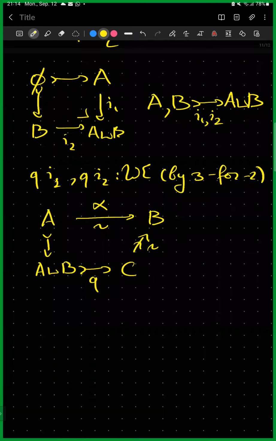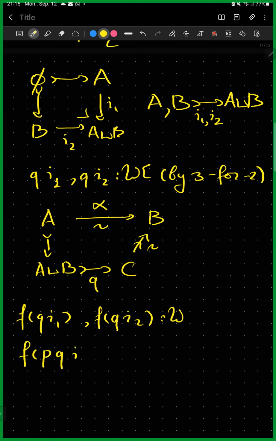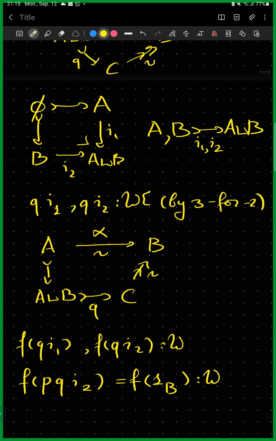And so their images under the function f both belong to this subcategory W. It means that f of PQI2 is equal to f of the identity on B, which is also obviously in W. So I'm sorry, maybe I did not introduce it here.